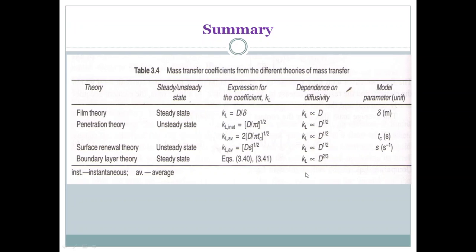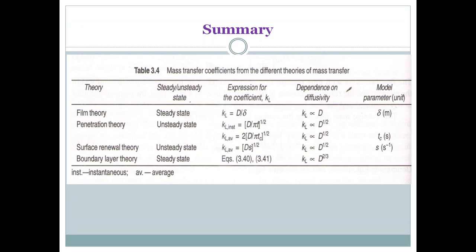Here, although we are discussing these theories and they have limitations, when you actually calculate this in a problem, you have to calculate through accurate correlations, what we discussed in the last lecture.